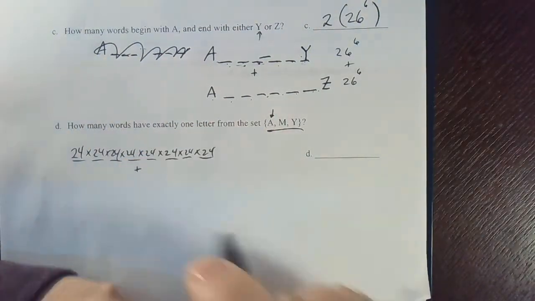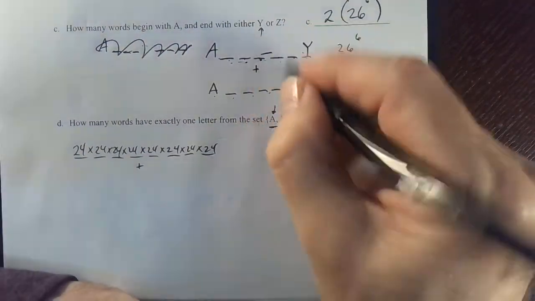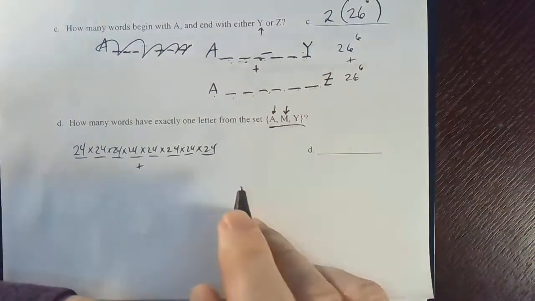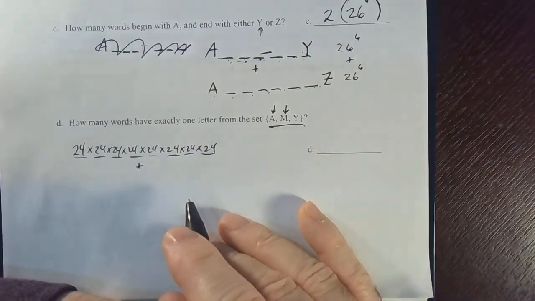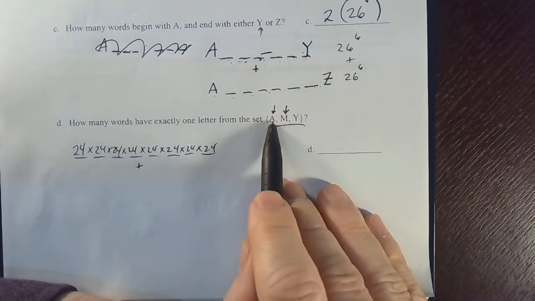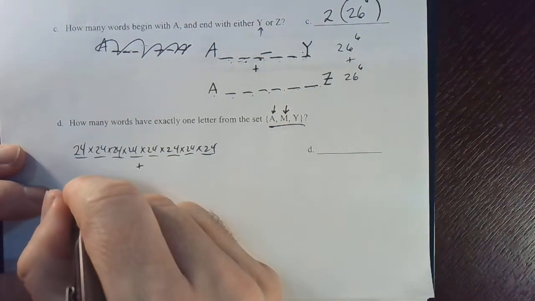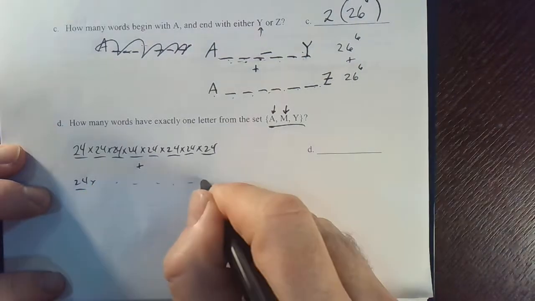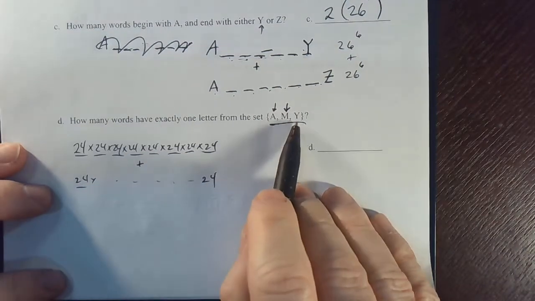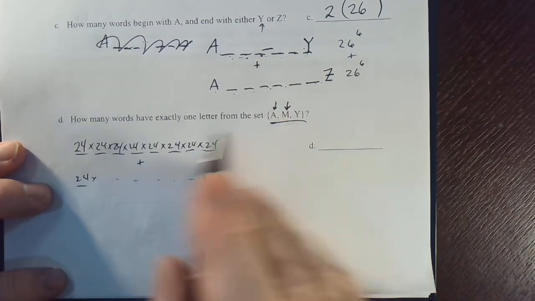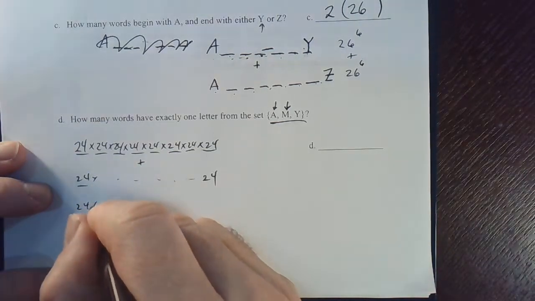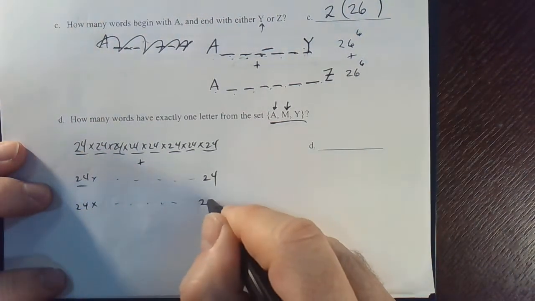So now we have to add that to the number of words that have an M but no A. And it's going to be exactly the same thing. If it's got an M, you have to leave out A and you have to leave out Y. So that gives us 24. It gives us the same thing. And then we repeat that the third time. 24 times 24.